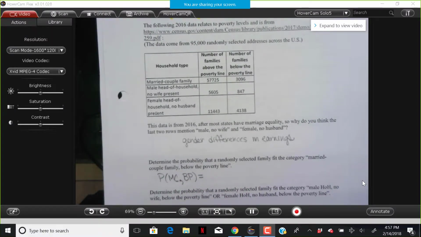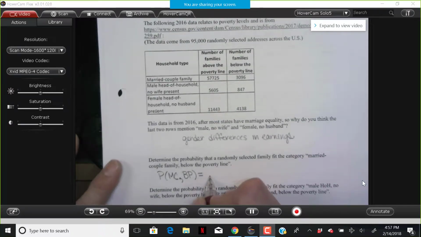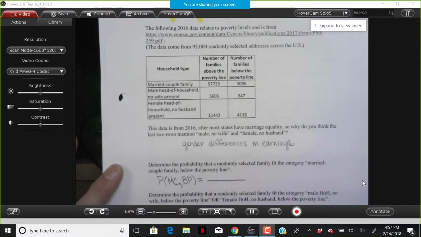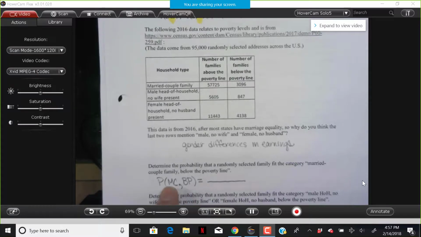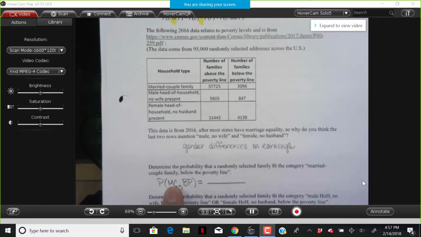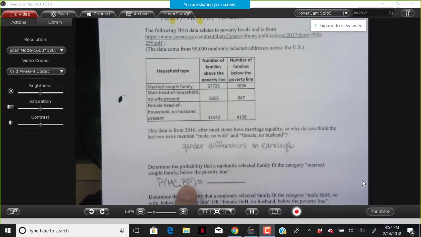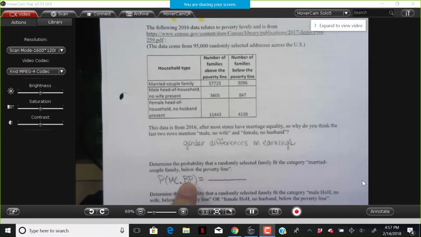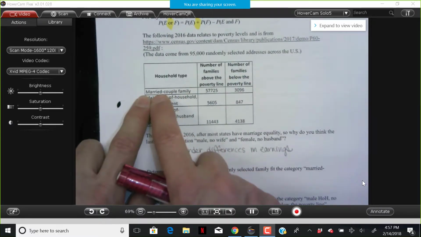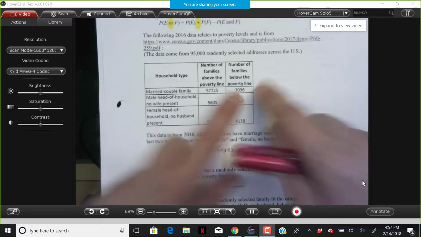So I'm not using this formula they gave at the top of the page. I'm just looking at this. So what I want is the number of times I saw a married couple below the poverty line divided by the total number of times I did the experiment. So what's going to be in the numerator? 3096, because here's married couple below the poverty line.